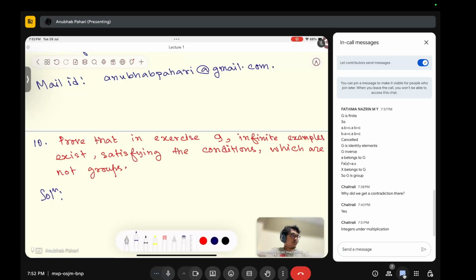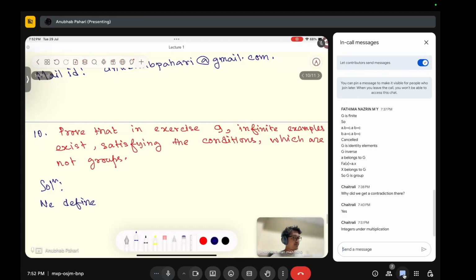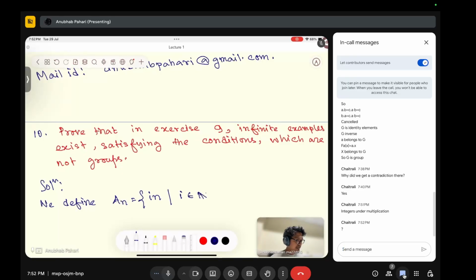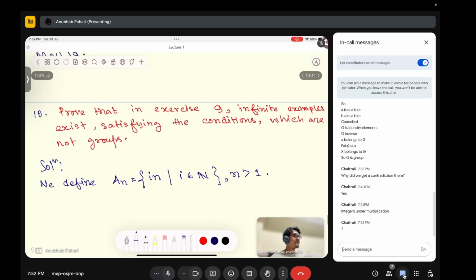Okay. We define A_N as the set of integers I, where I comes from N and N is greater than 1. N is a positive integer and N is greater than 1.